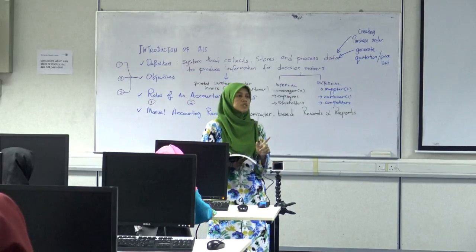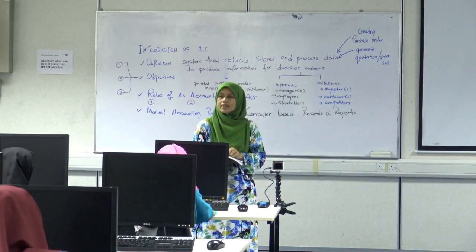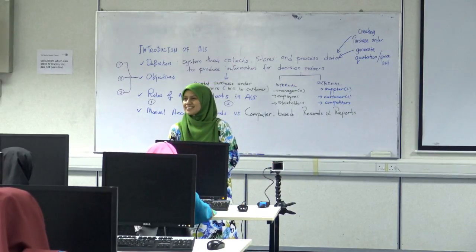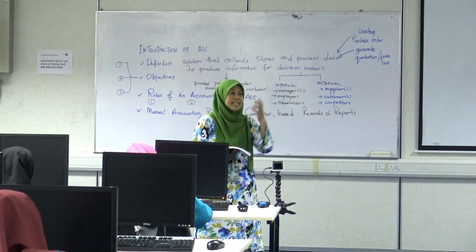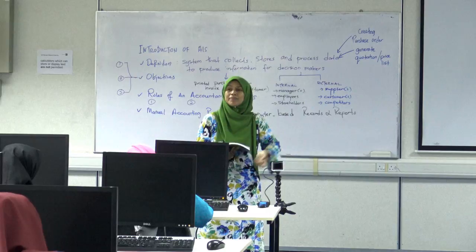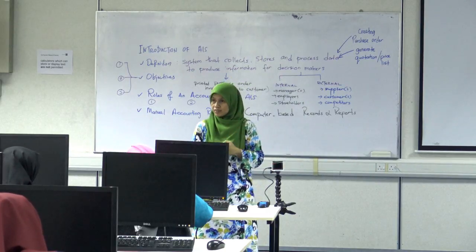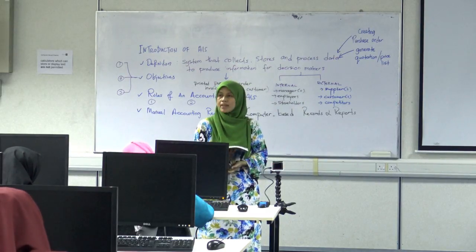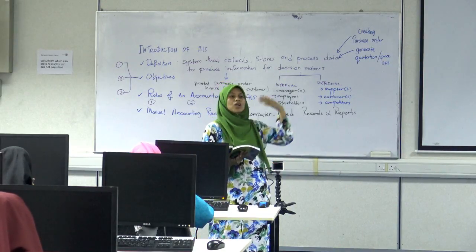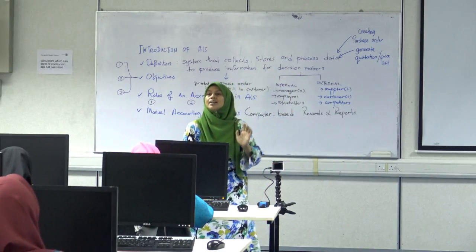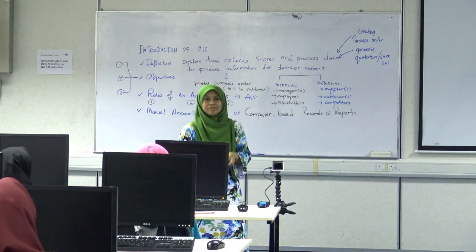So the first part as an accountant, you should be a system user. So peranan pertama, kita mesti boleh guna sistem tadi. Kalau as an accountant, kita tak boleh guna sistem tadi, it would be meaningless lah. Mean sistem tu akan jadi keluar daripada kita punya peranan.